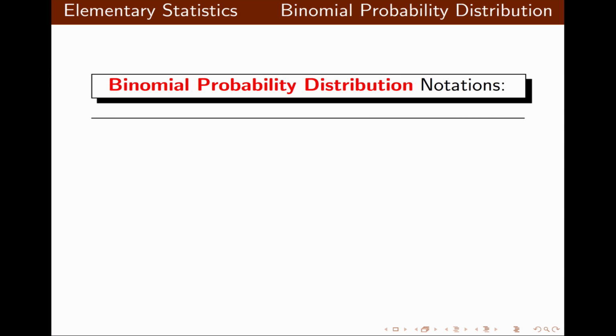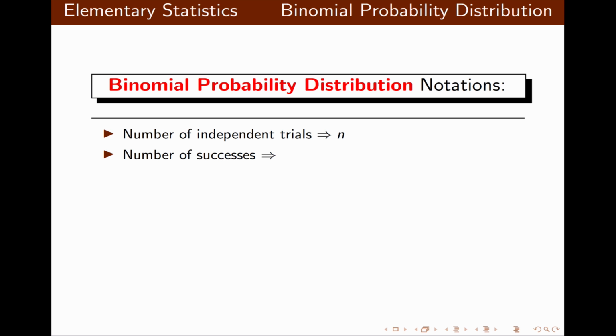Now let's look at some binomial probability distribution notations. We should have independent trials, and the number to represent that is n. We're interested in a certain number of successes, and that would be x.